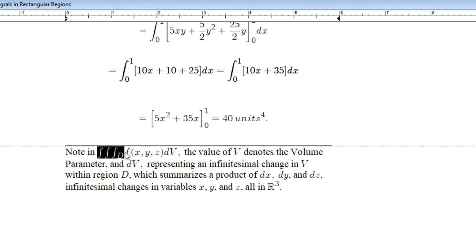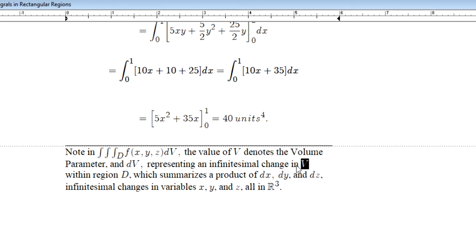We are performing an integration with respect to volume, where this dv, this differential with respect to v, represents what we call an infinitesimal change in v. So it is this very small change in volume.